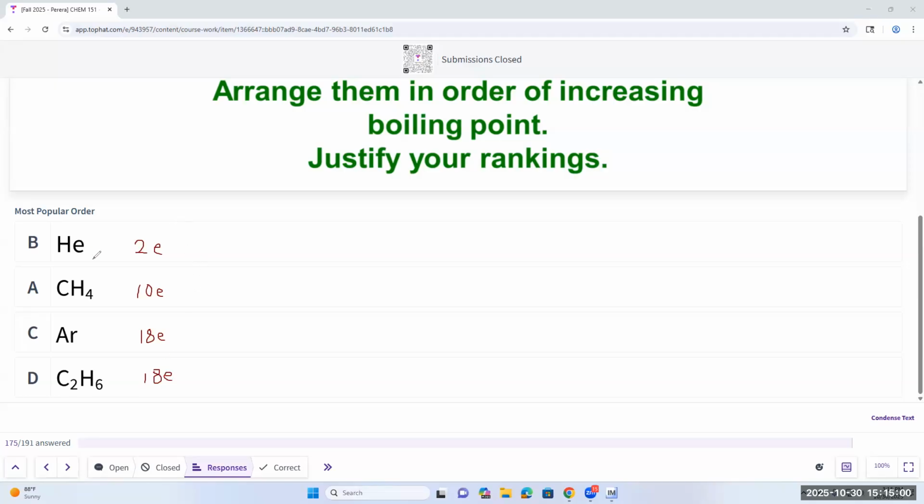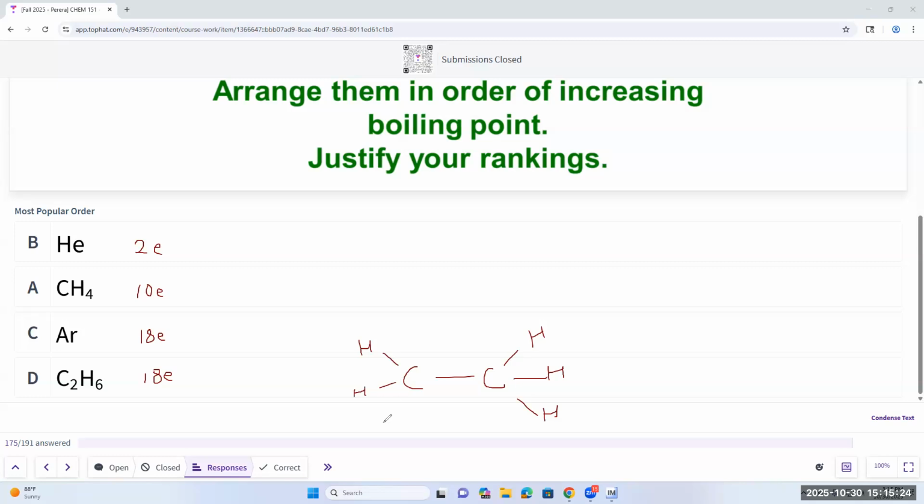Now, based on the number of electrons, we know helium is the least polarizable, therefore the weakest dispersion forces, and then CH4 and then argon. But between argon and C2H6, C2H6 is more polarizable. Why? It's a larger molecule because we have 2 carbons bonded to each other, and then we have hydrogens in there.